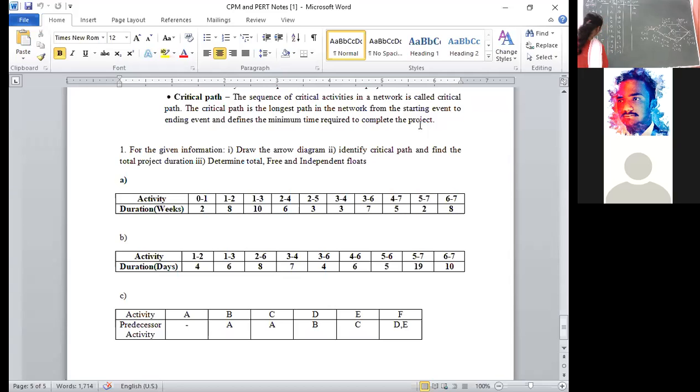6 to 7 is 19 plus 8. Okay. 12, 16, 15, 15. 3 to 4.